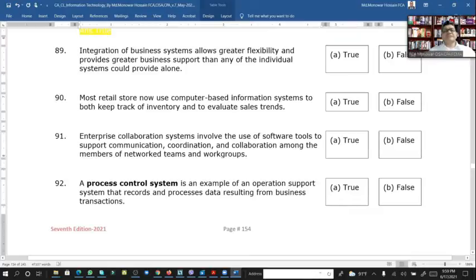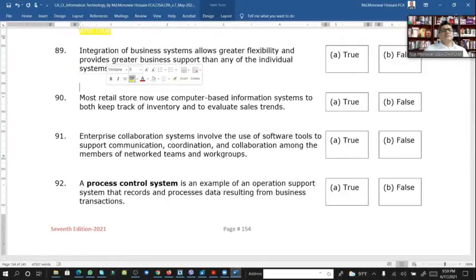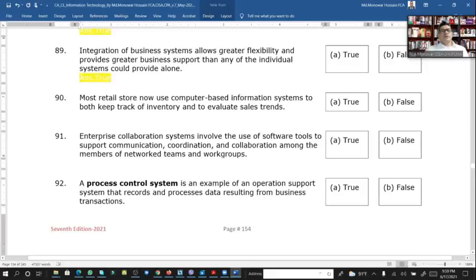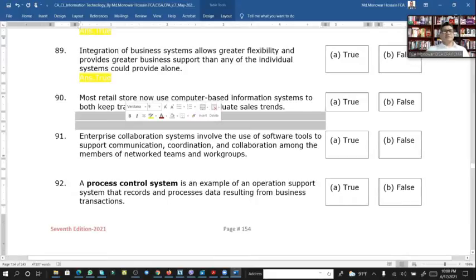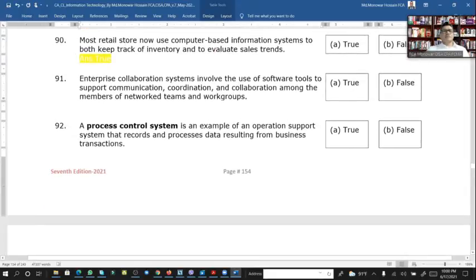Integration of business systems allows greater flexibility and provides greater business support than their individual systems could provide alone. True. Most retail stores now use computer-based information systems both to keep track of inventory and to evaluate sales trends. True.